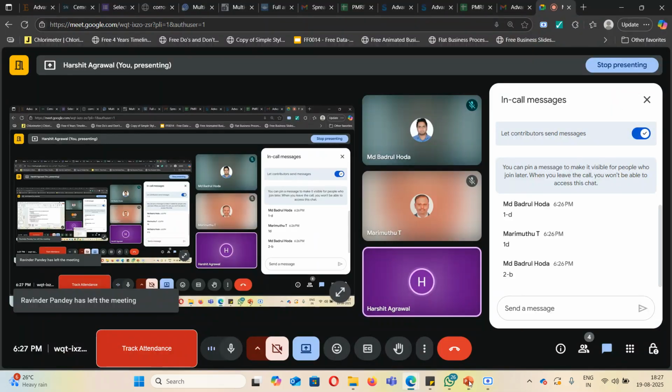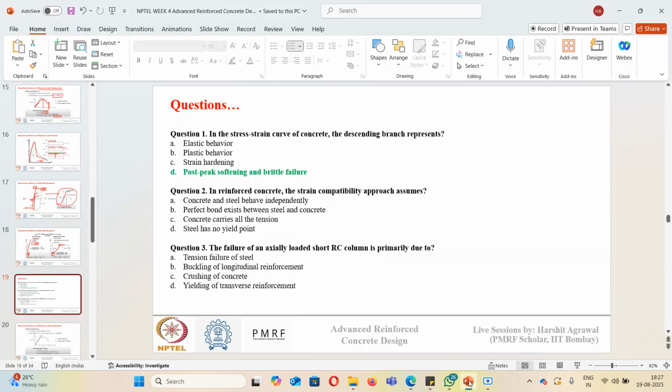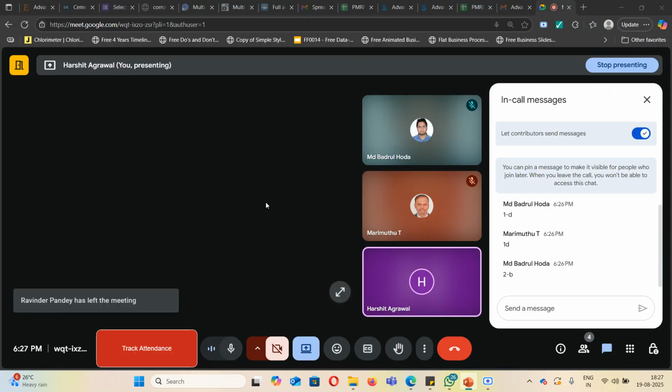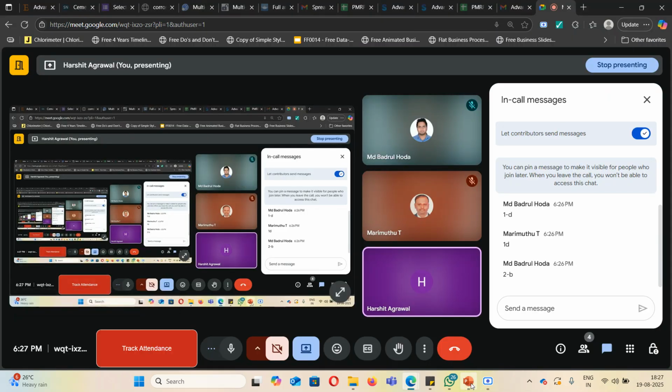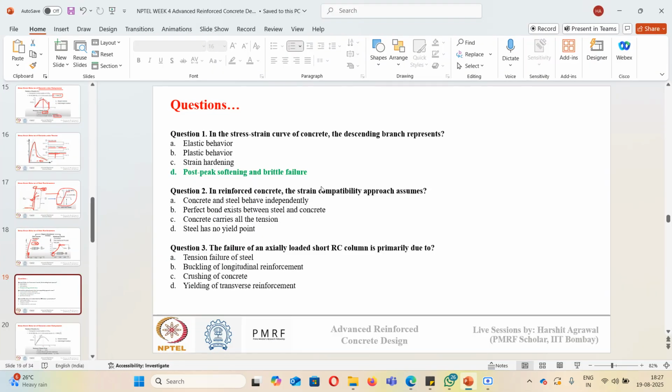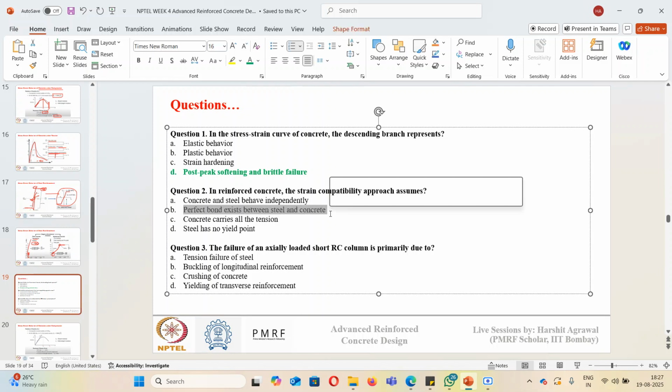Question number two. In reinforced concrete, the strain compatibility approach assumes. So the correct answer will be B. Okay, so we have seen in this last session also when we talked about the compatibility conditions.